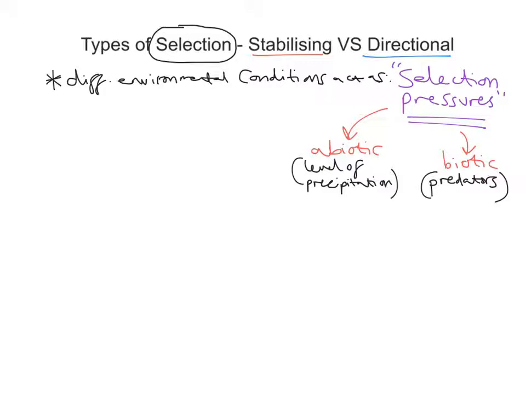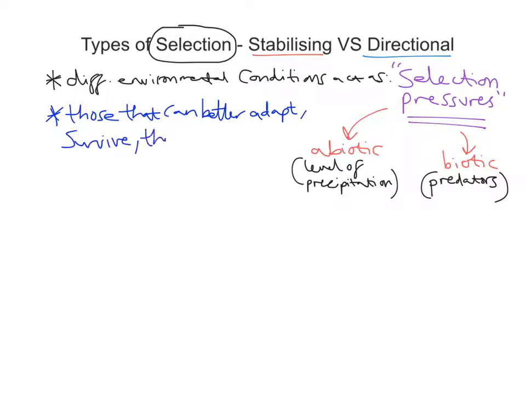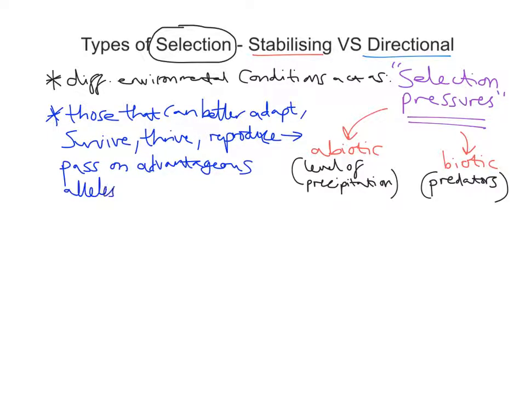So for those that can adapt to those selective pressures, just make a little note about this to start with, those that can better adapt survive, thrive, reproduce, and this is the key thing, pass on their advantageous alleles.